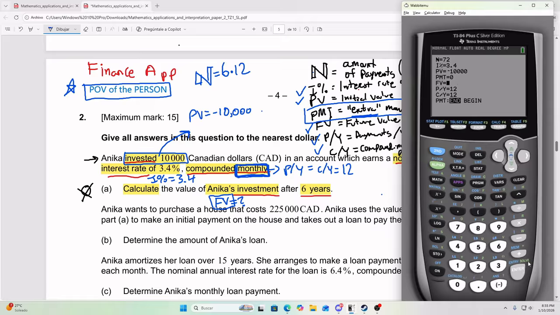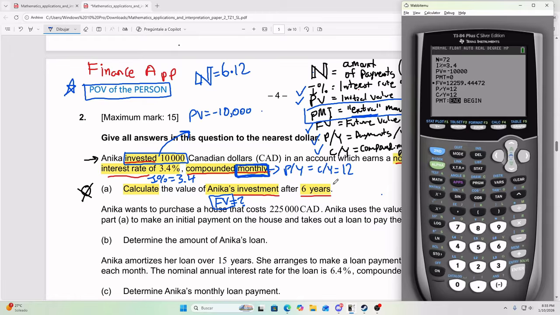How convenient, there's a solve button here in green. So you press this green button, press enter to solve while standing on FV. And you see this little square show up. It's telling you, I tried discovering FV with all these parameters that you gave me.